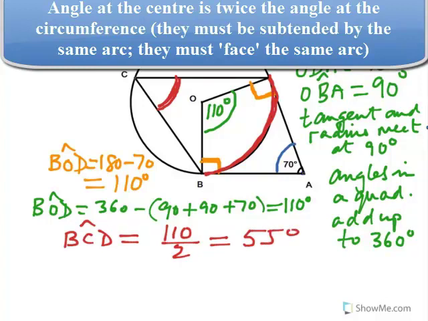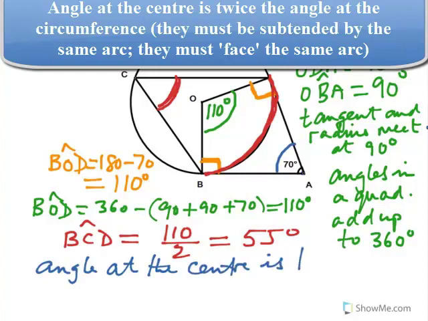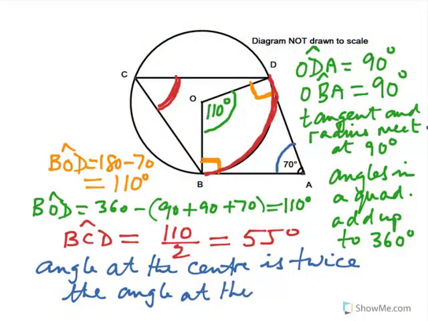And the reason is that angle at the center is twice the angle at the circumference.